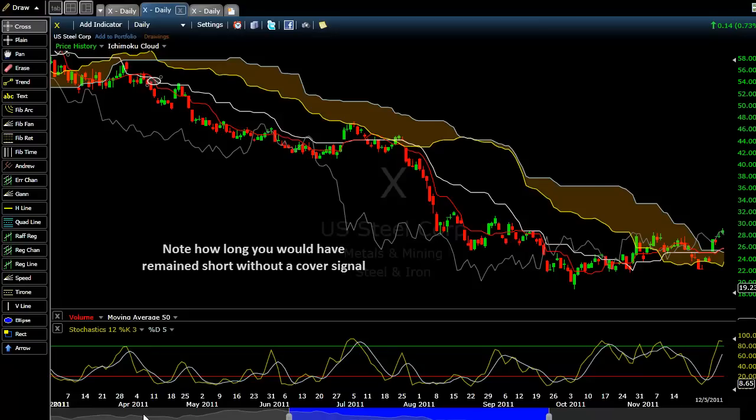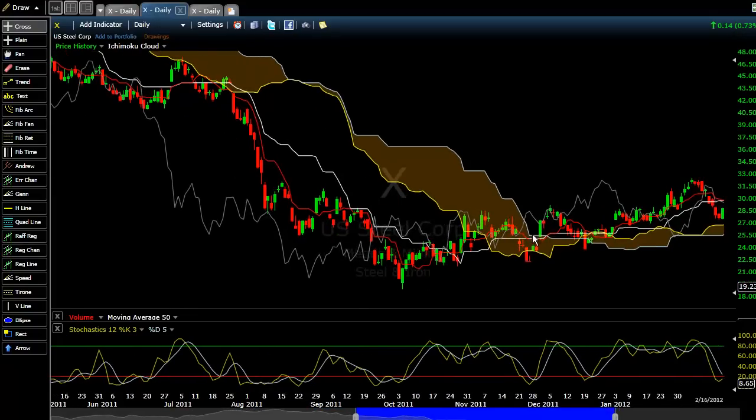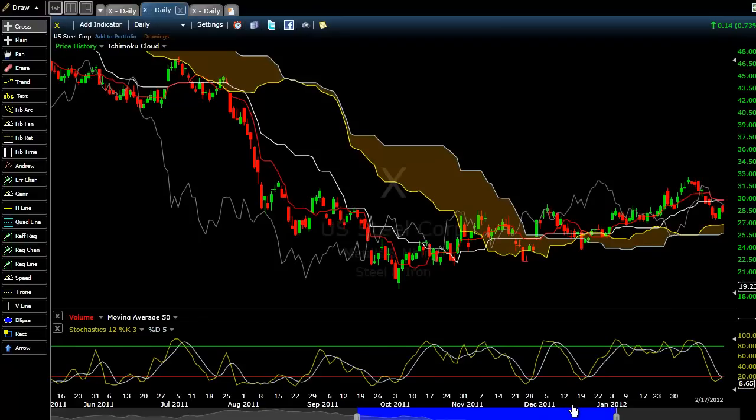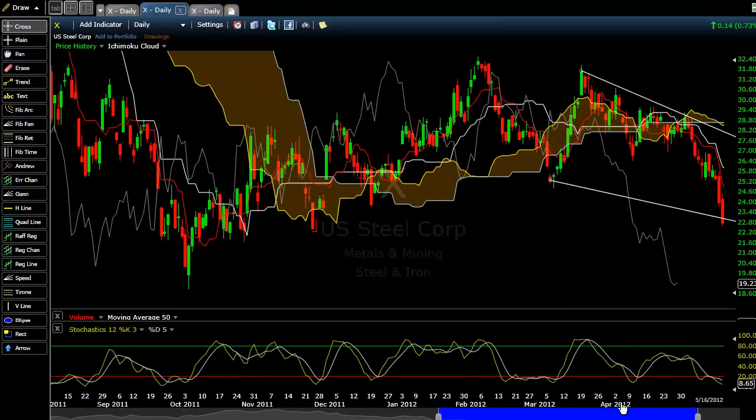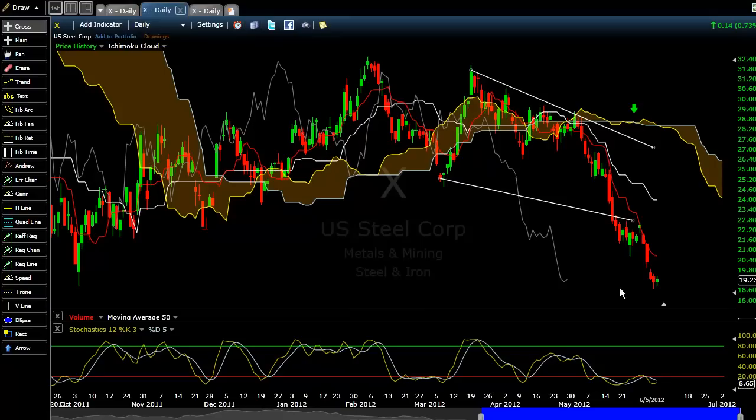This is April of 2011, and price starts to move back into Kumo, gets caught up in the chart. All right, and we're starting to see how we got sideways action, and then of course Kumo most recently rejected price, and we have traded down as well. So again, we had a TK cross here, and we had Chikou below price, and everything broke down below Kumo recently. Okay, so that's an example of the bearish chart.